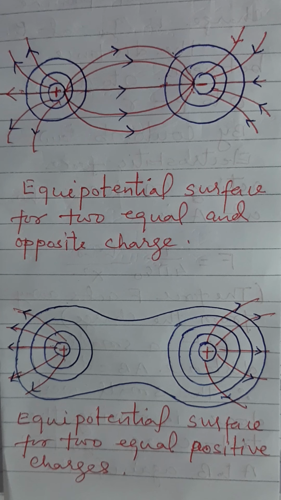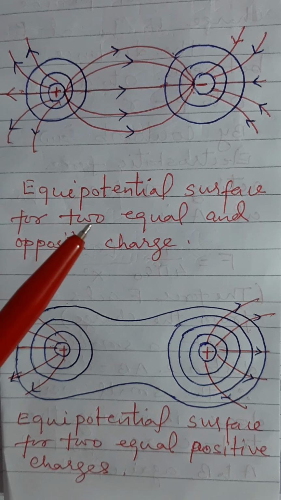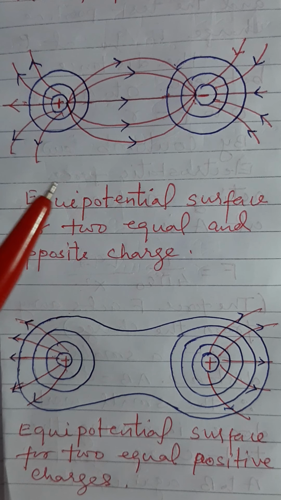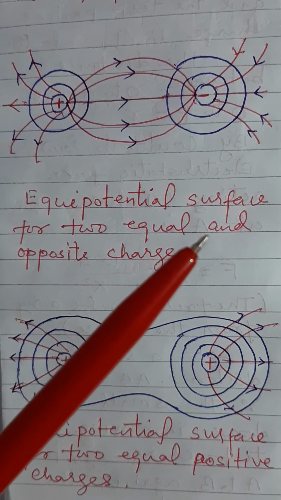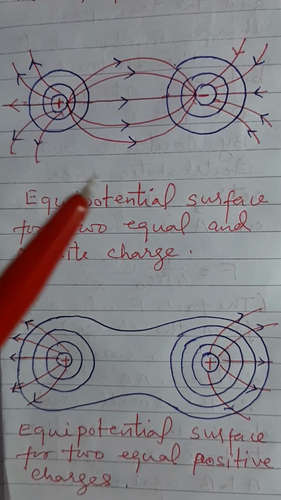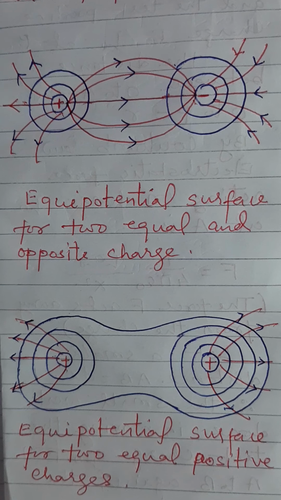Now we try to show some different equipotential surfaces. The first equipotential surface is generated by two equal and opposite charges. That means there is a positive charge and there is a negative charge. The second one is the equipotential surface for two equal positive charges.